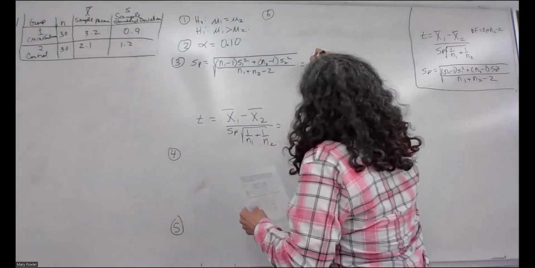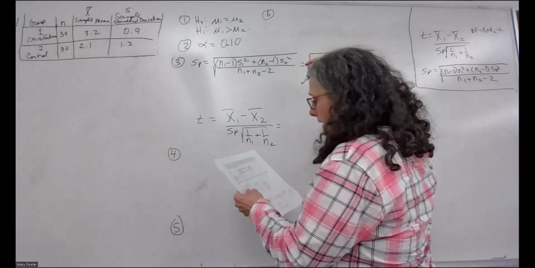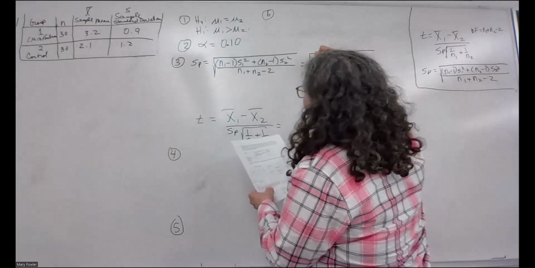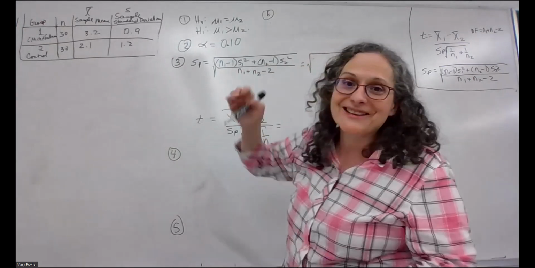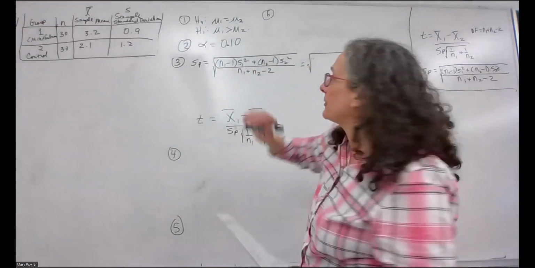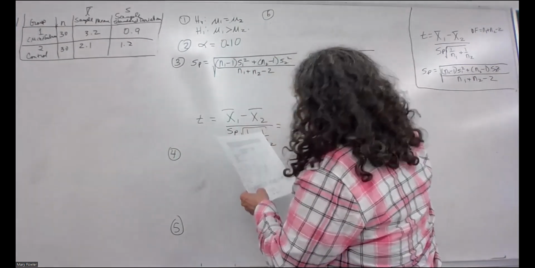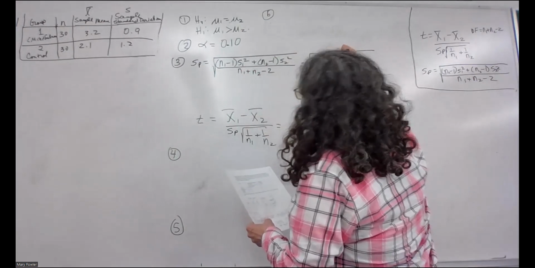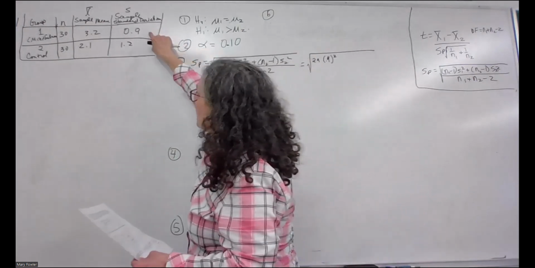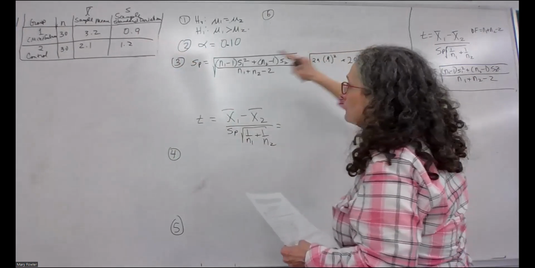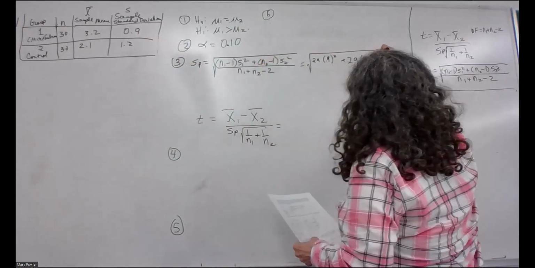So let's head in here and substitute into our SP formula. Each of the samples was of size 30, so N1 minus 1 is 29. 0.9 squared, that's the standard deviation for group 1, plus 29 times 1.2 squared.